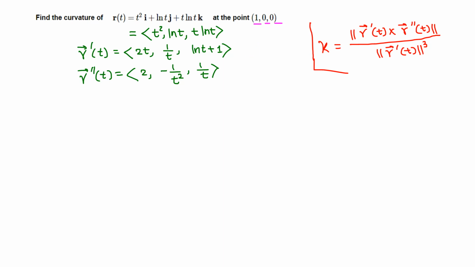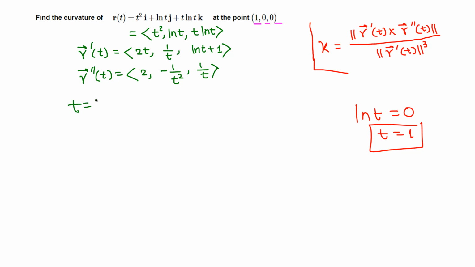Just looking at the first, t squared equals 1, that means t should be 1 or negative 1, but natural log of negative 1 is undefined. Or we can look at natural log of t equals 0, that's when t equals 1. ln 1 is 0, and that satisfies the other components as well. So the parameter value t is 1.